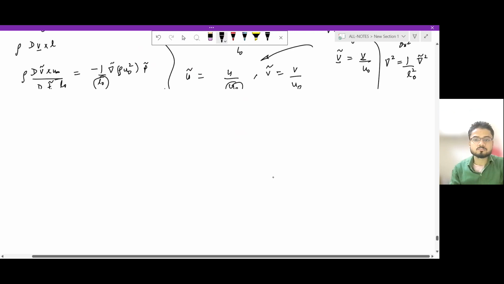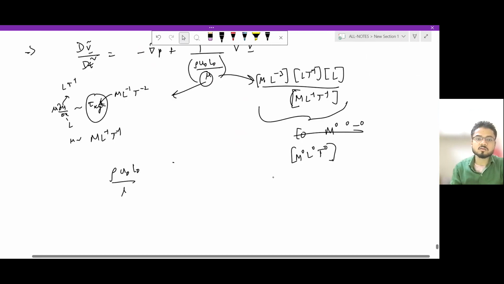So this entire thing, this non-dimensional group, whatever you want to say, is called the Reynolds number, abbreviated as RE. All right.